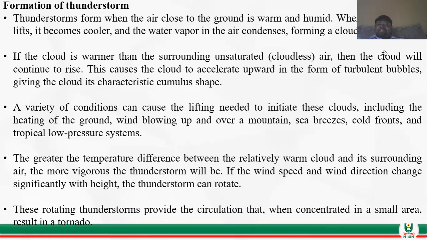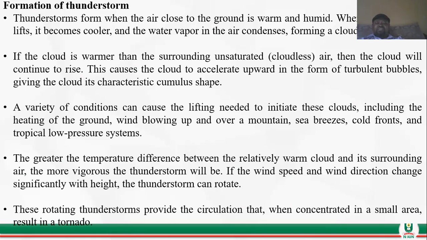Okay. So don't forget. Then if the cloud is warmer than the surrounding unsaturated cloudless air, then the cloud will continue to rise. This causes the cloud to accelerate upward in the form of turbulent bubbles, giving the cloud its characteristic cumulus shape.